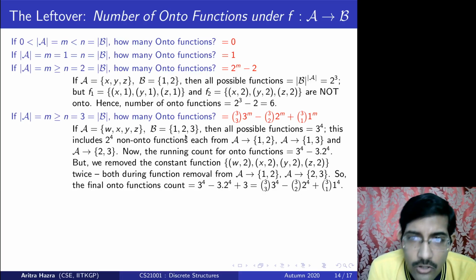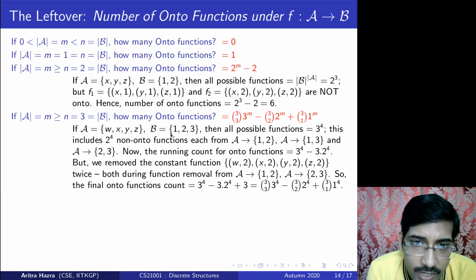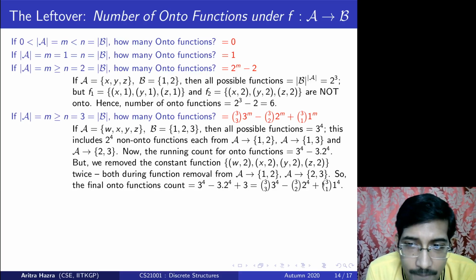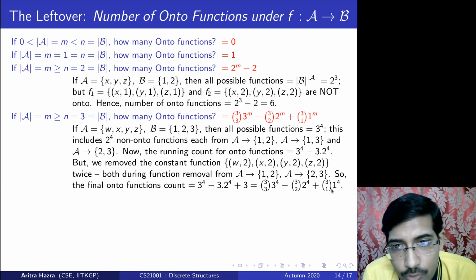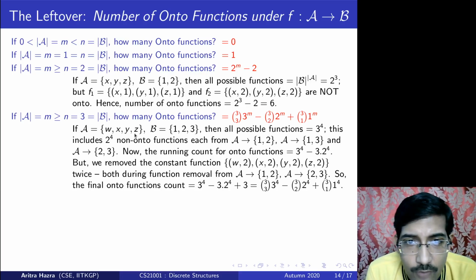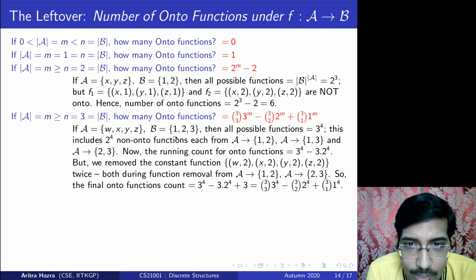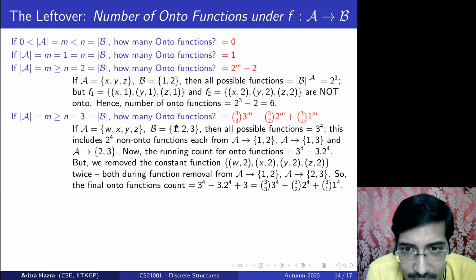Then we saw that single element functions are removed twice. So we have to add those, and single element functions from 4 elements are possible 1 to the power 4. That is, only one constant function per single element is possible. And there are 3 single elements. How to choose among 3 single elements?